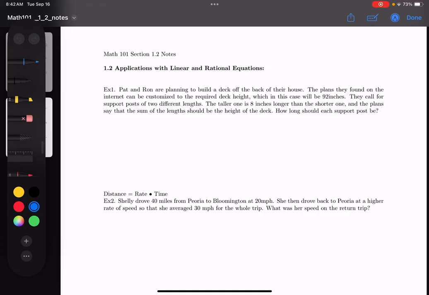So right now, let's assign some variables. I'll say x is the taller post, and I'll say y is the shorter post. And you can make them whatever you want. If you do it backwards from this, that's fine.